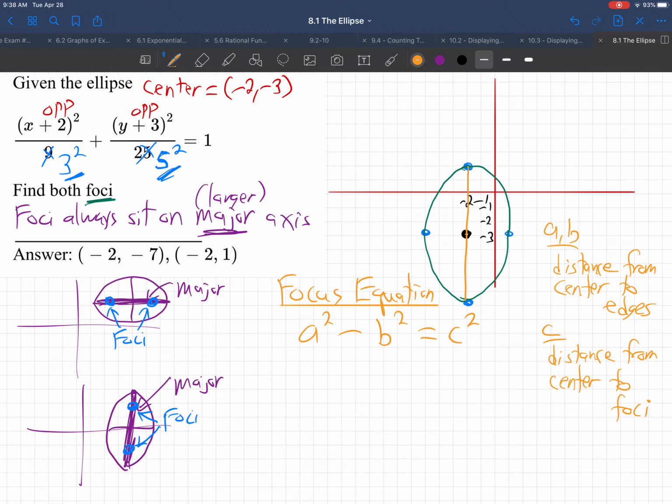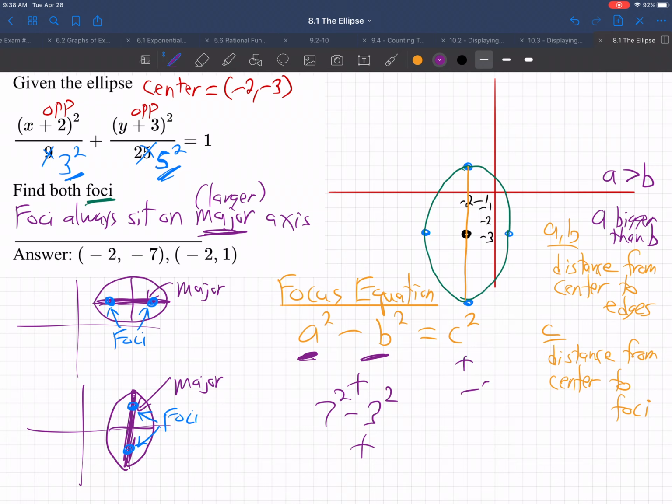And also one other important note: a is bigger than b. a is greater than b in this equation. Why? Because a comes first in the subtraction, right? Whenever you subtract two things, you got to put the bigger one first, so that when you subtract them, you get a positive answer. If you put a bigger number first, 7 squared minus 3 squared, you get a positive answer. Why is that important? Because the other side is c squared, which has got to be positive.